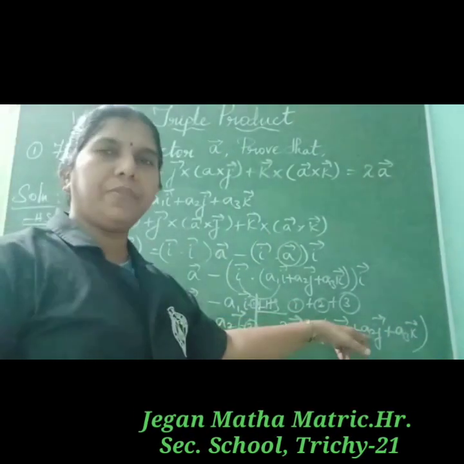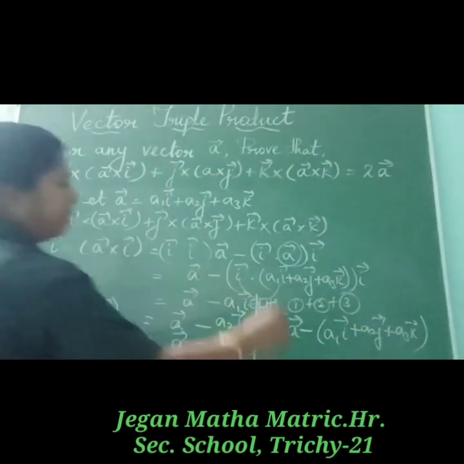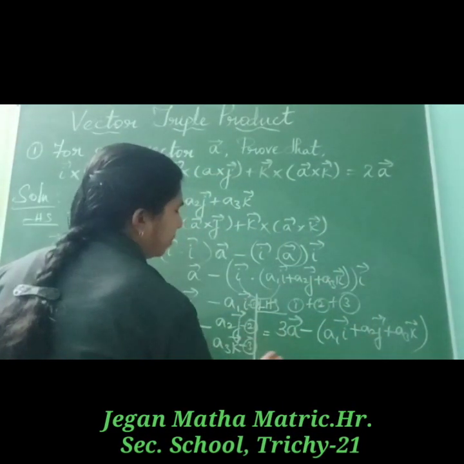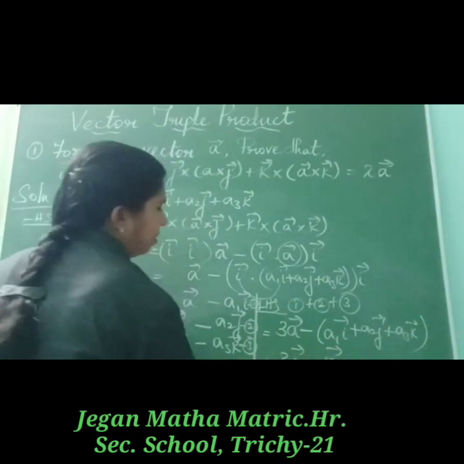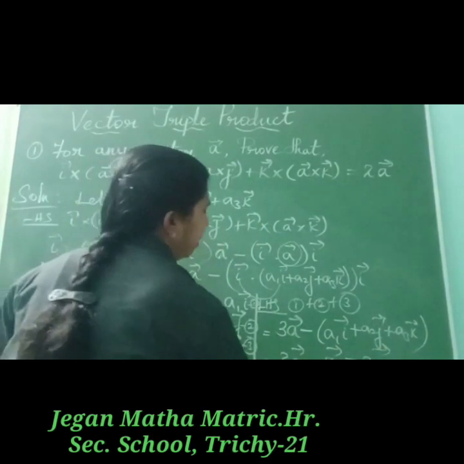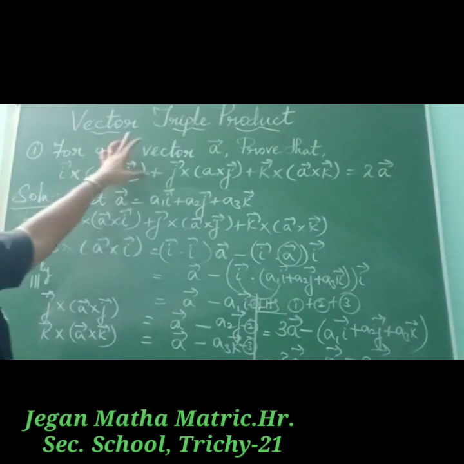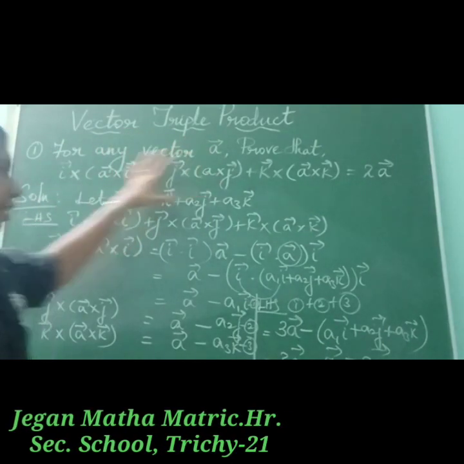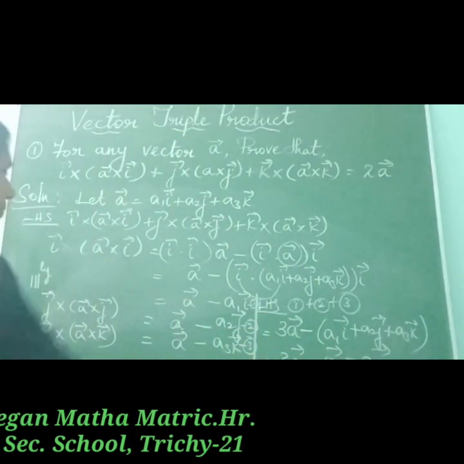We assumed A1i plus A2j plus A3k is equal to A vector. Replacing that, we get 3A vector minus A vector, which is equal to 2A vector. That is what is given on the right side. So with the help of the vector triple product, we got the result 2A vector.